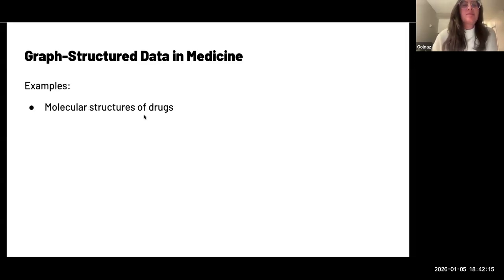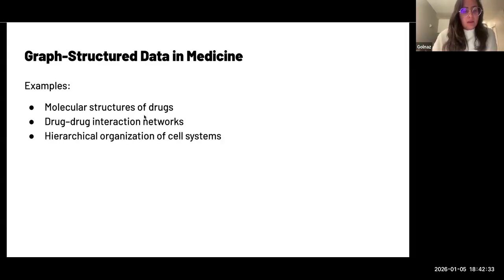Some examples of how data can be represented as a graph: molecular structures of drugs, for example in drug discovery. Or drug-drug interaction networks, for example if you want to see how a new drug might affect another drug that a person is taking.